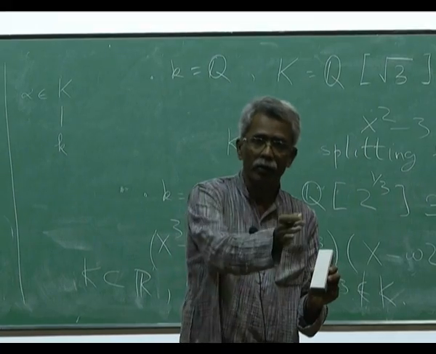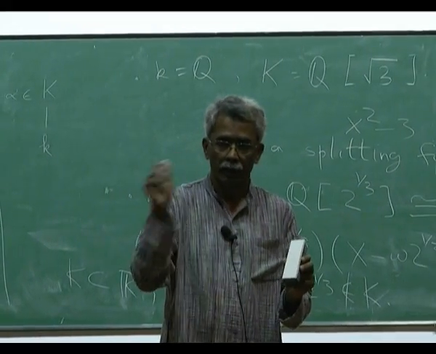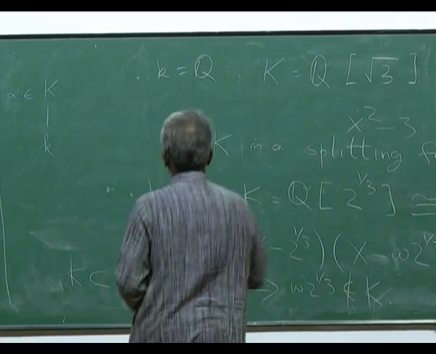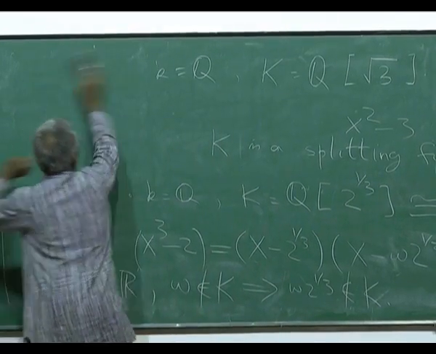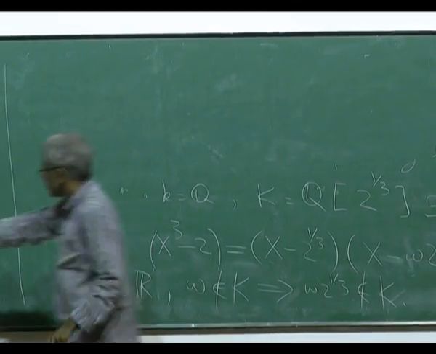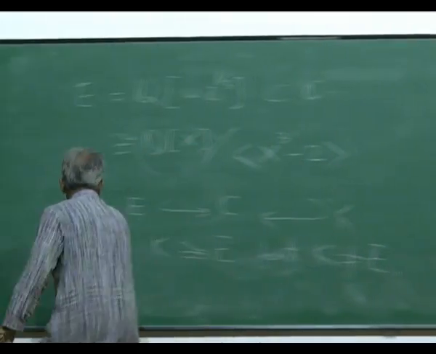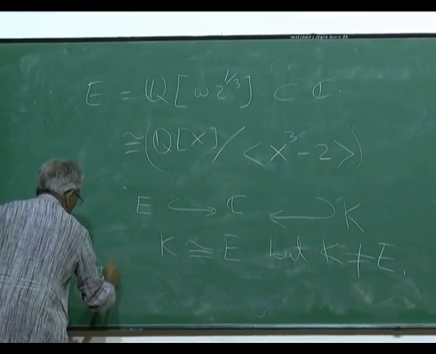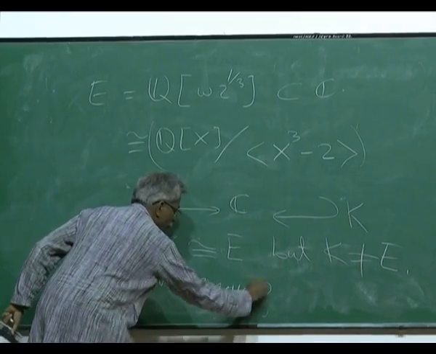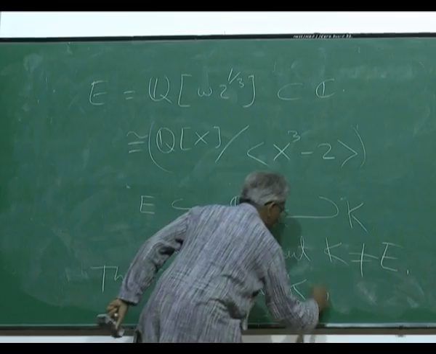The particular way you have embedded may be different, but actually they are equal, all right. So this phenomenon happens because K is not normal.